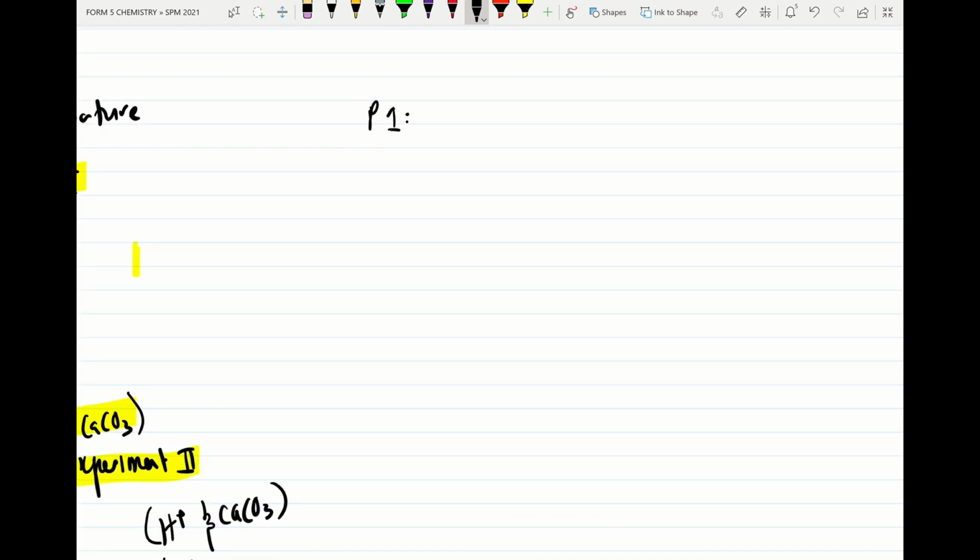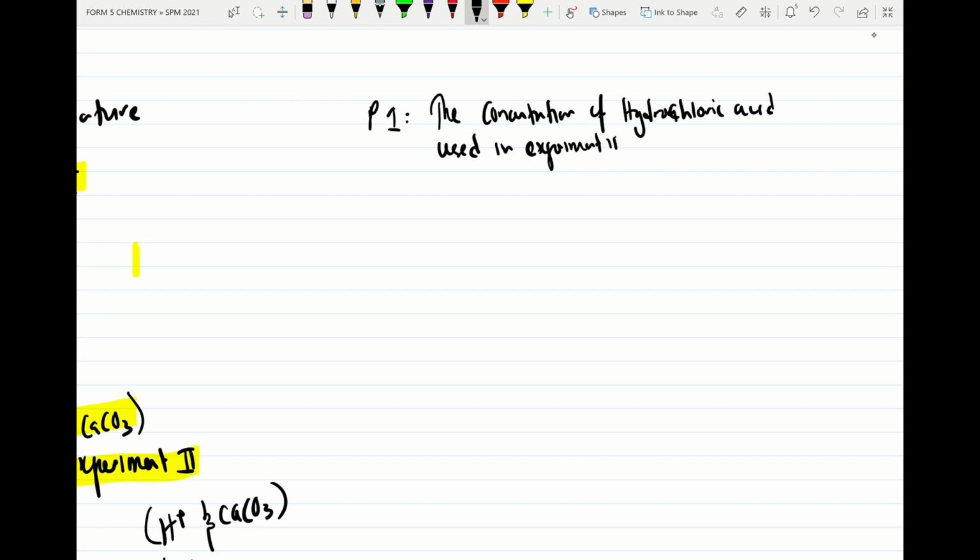Point number 1. The concentration of hydrochloric acid used in experiment 3 is higher than in experiment 2. All right, next point, point number 2.